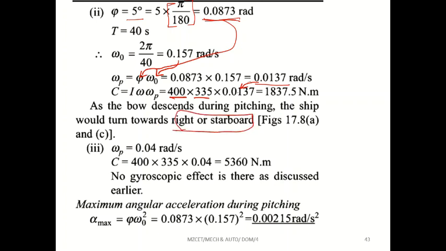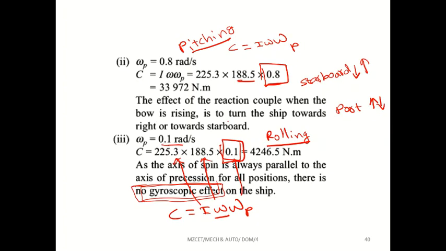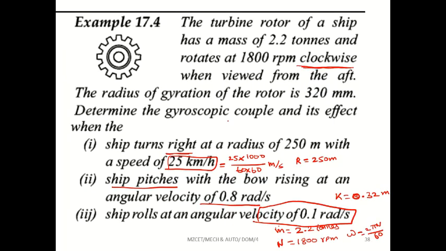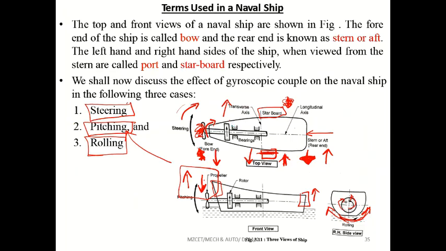Now during pitching, the ship will turn towards the starboard side. Students, small correction. In the previous problem I told ship is rising towards the starboard side. Don't write like that.